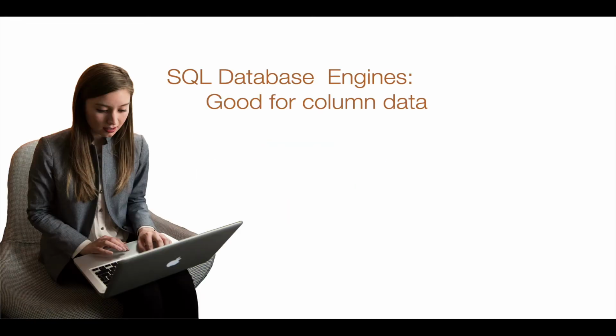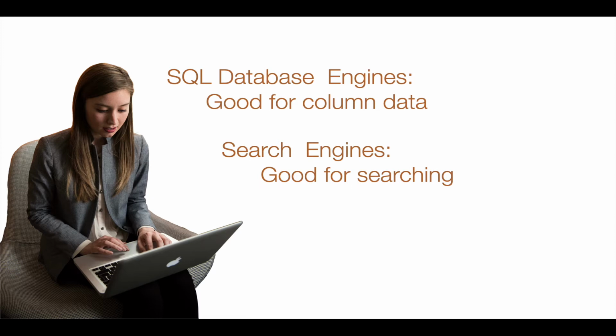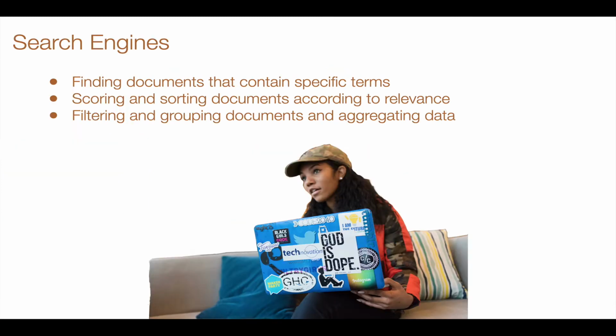These SQL database engines are good for column data. That's what we've been using for the most part. But it's really search engines we want. Just by the phrase, they're good for searching text information. They can find documents that contain specific terms out of order. So if we go forest mountain, it'll find things where the word forest occurs before the word mountain, and vice versa.